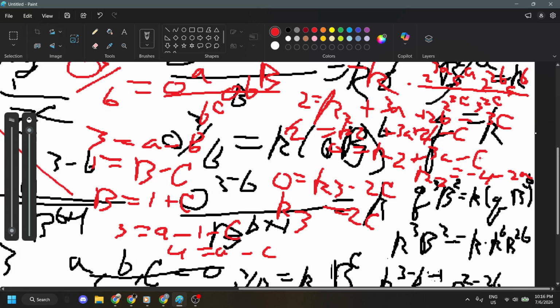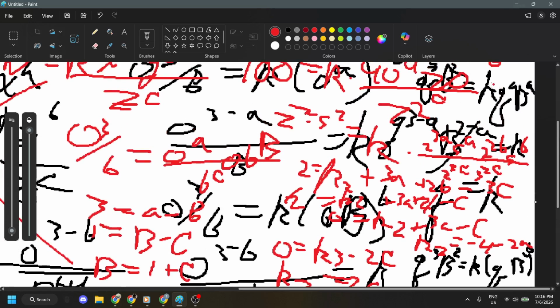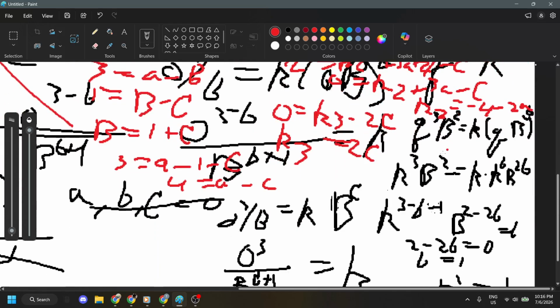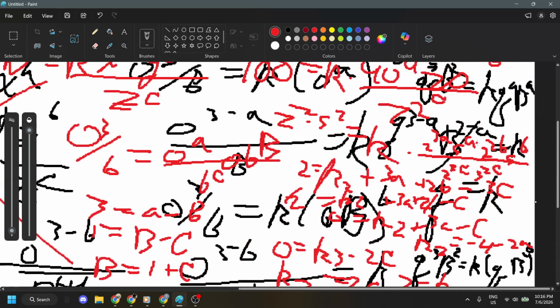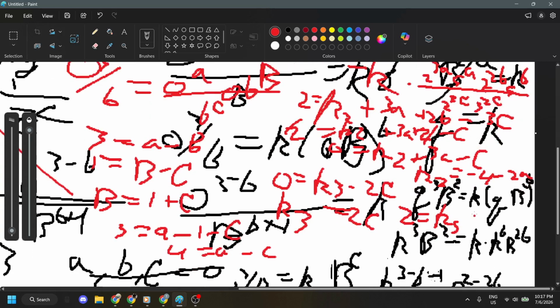Okay. Now for fives, we have 2 is equal to k5 plus a plus b. A minus b, so we could simplify to a.